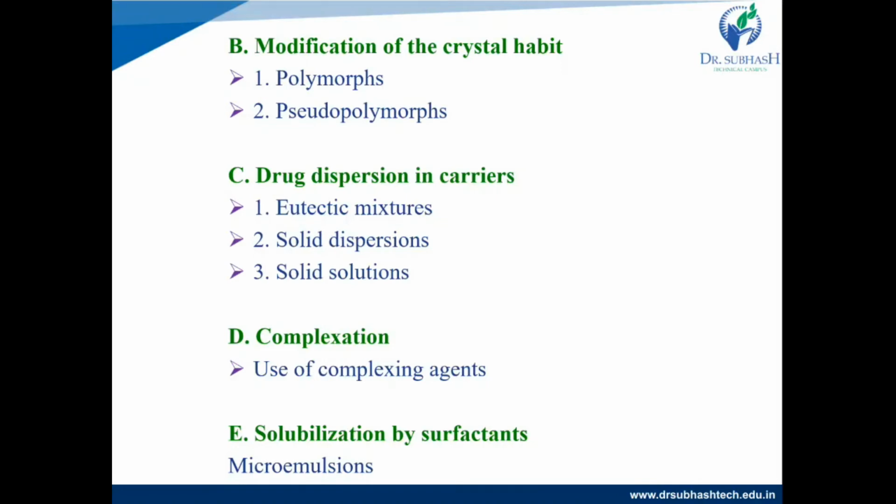The next approach for improving solubility is complexation: molecular inclusion or inclusion complex with a complexing agent. Inclusion complexes are formed by the insertion of the non-polar region of one molecule, or non-polar molecules, into the cavity of another molecule, where one is the guest and the second is the host. The complexing agents widely used are cyclodextrins, beta and gamma cyclodextrin.